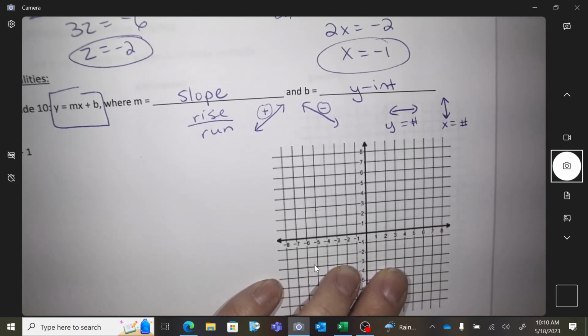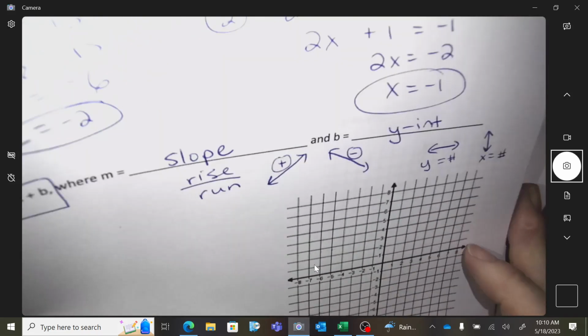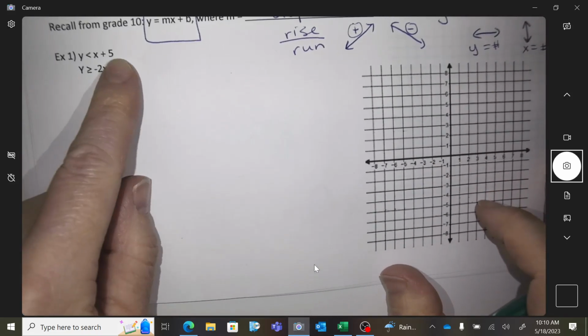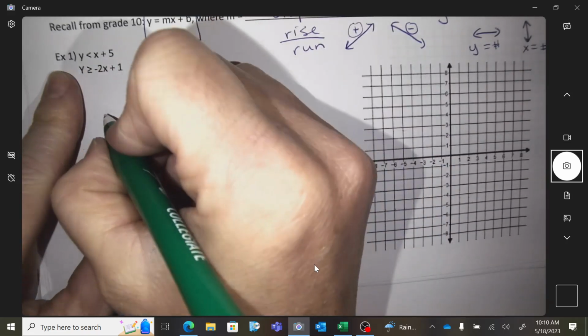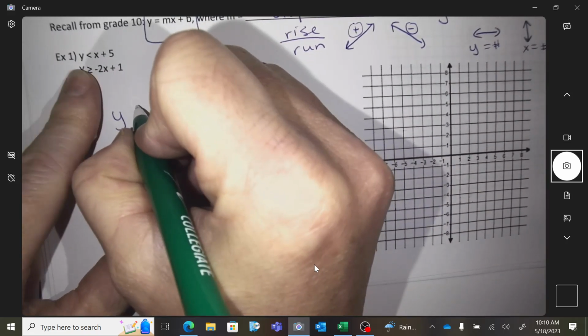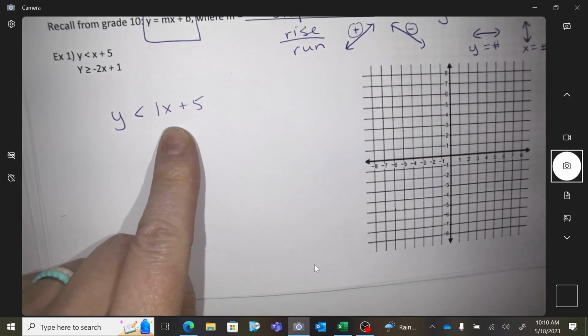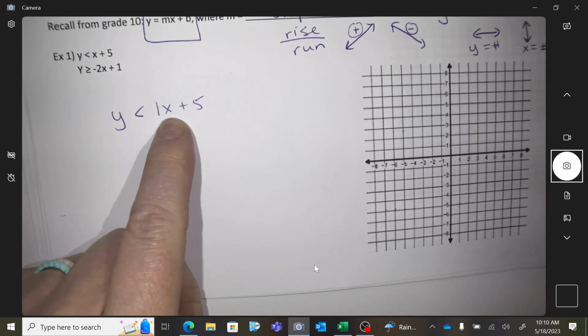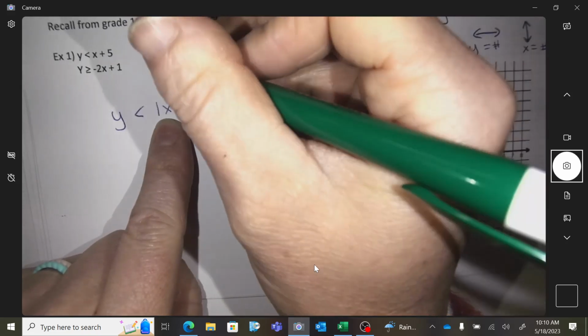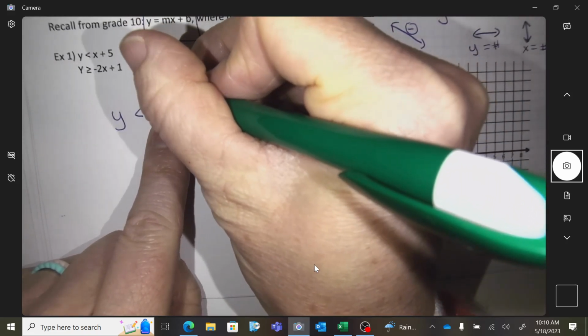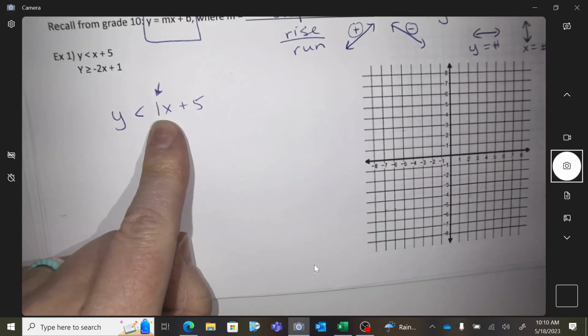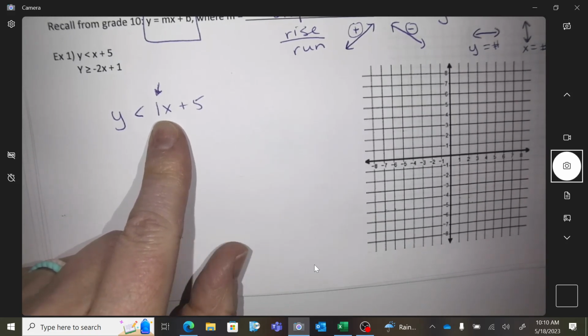Okay, let's see if we can do this. Number 1: y equals mx plus b. I wrote a 1 there. Instead of just an x, I wrote a 1x so that you can see the slope is 1.